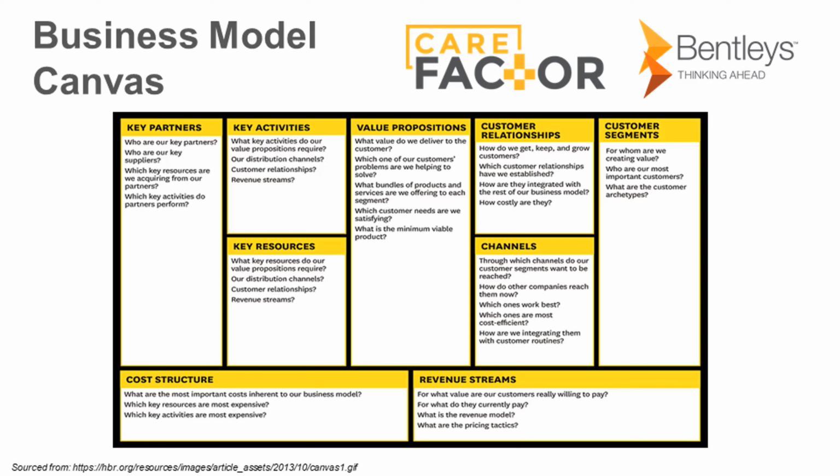Another key question is, is every building block in your canvas precise enough? They should be clear and self-explanatory, and simply writing products in your revenue stream does not give granularity. More precise might be product sales per customer or margin per product.